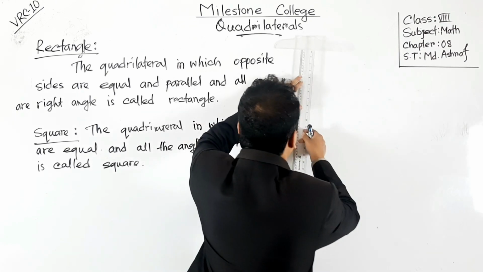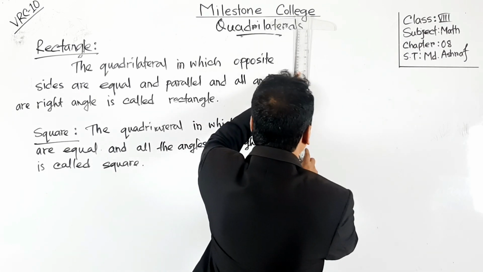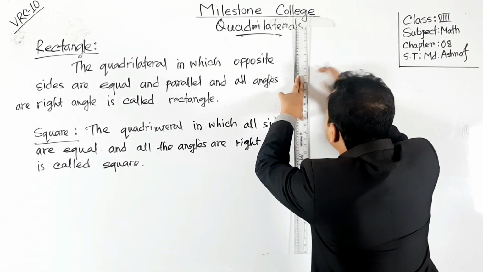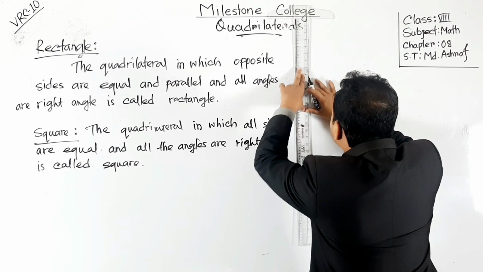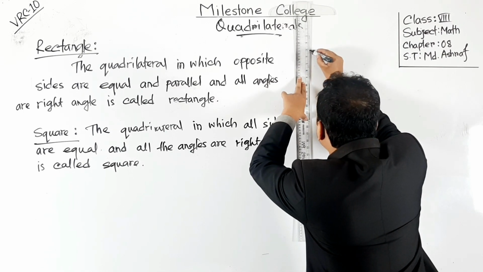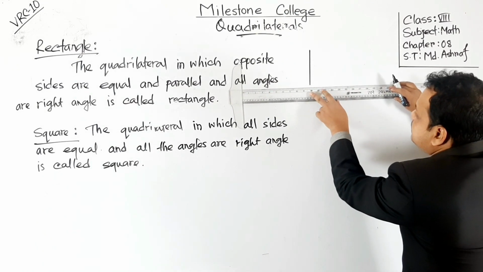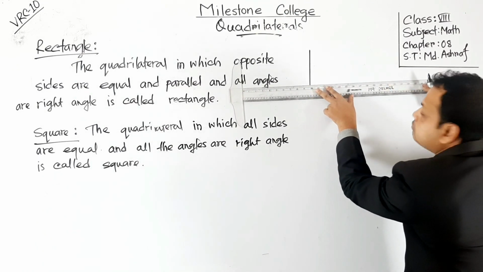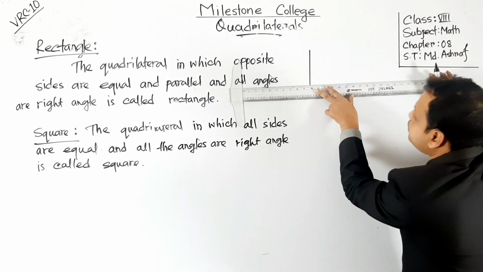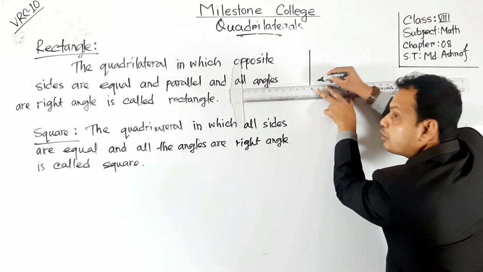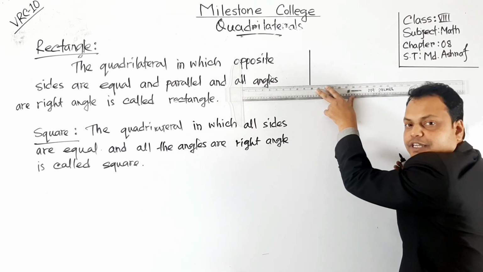Opposite sides are equal. Suppose at first we want to draw one side and it will be at a right angle, okay. So take the length of the side 5 centimeter. Take it 5. So 5 to 10 I have taken this way, and this side I want to take 10 centimeter. And we have to remember that the angle that will form here will be 90 degrees, okay.